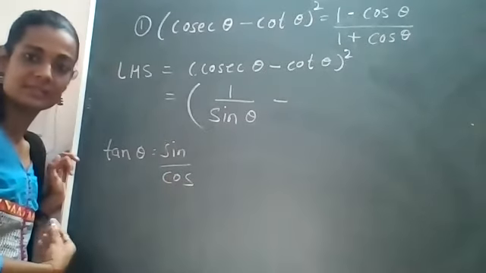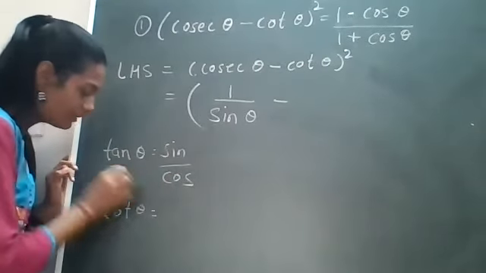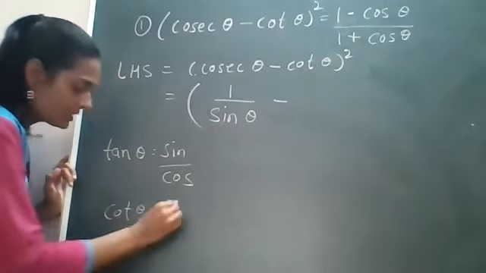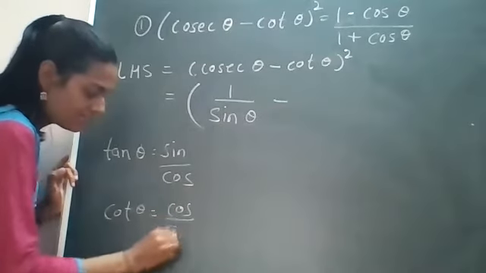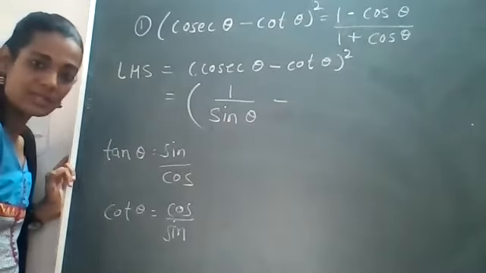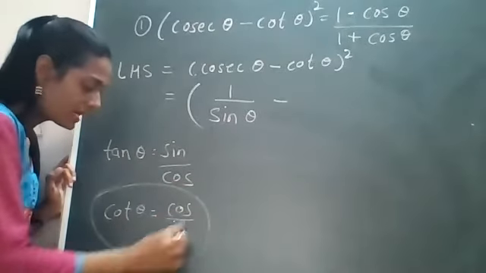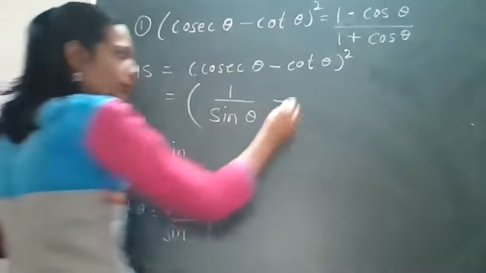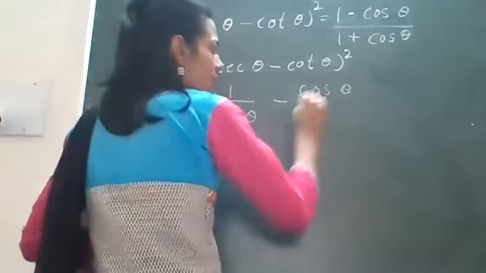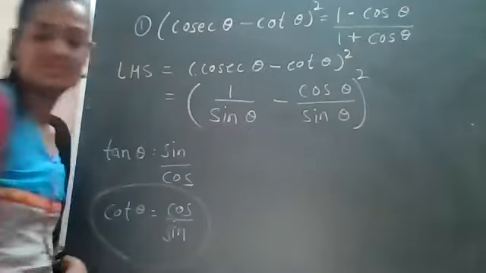So cot theta is the reciprocal of tan theta, so we can write cos theta upon sin theta. So instead of this cot theta, we will write cos theta upon sin theta, and whole square is here.